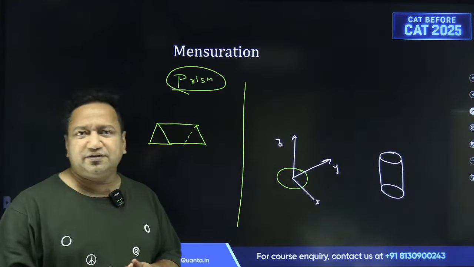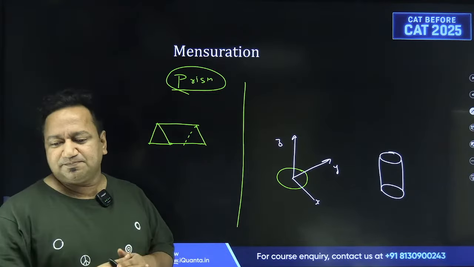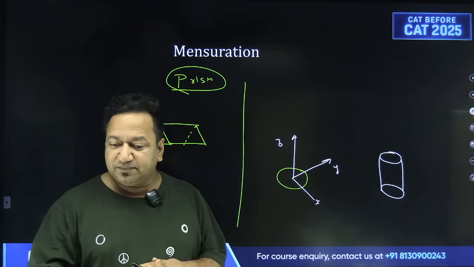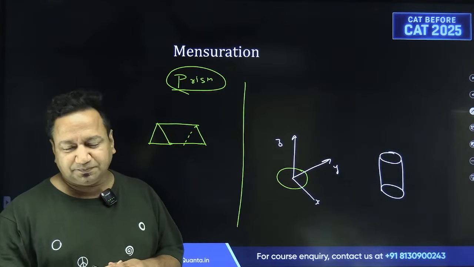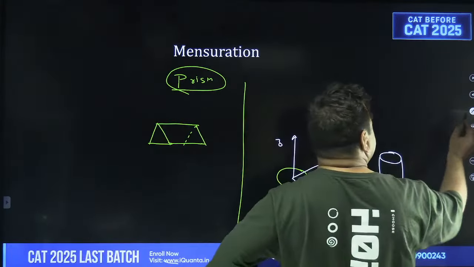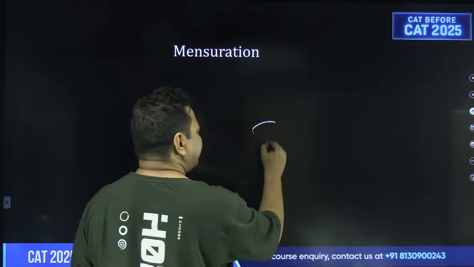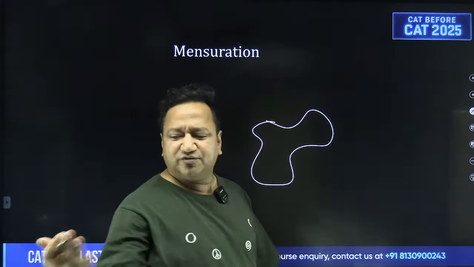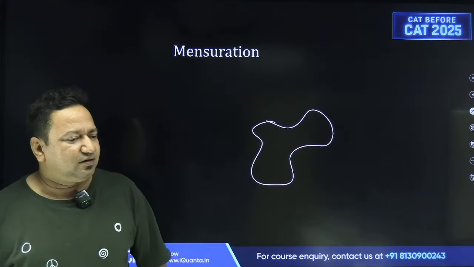So we can create any number of prisms. In fact, a cuboid is also a prism, a cube is also a prism. Do you understand that? You take any area, any weirdest possible area, even this is a weird area, and you project it one over one, it will be some kind of prism, right? All of you got that?